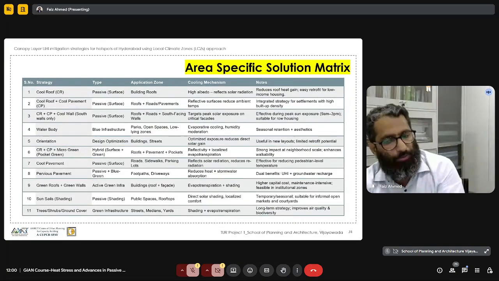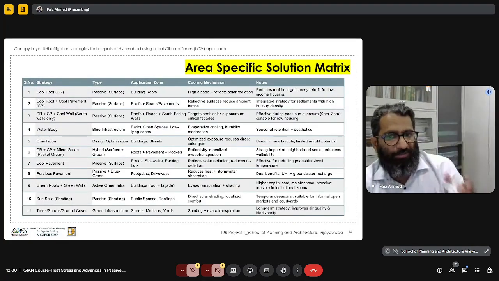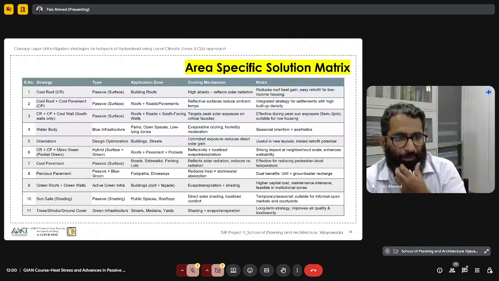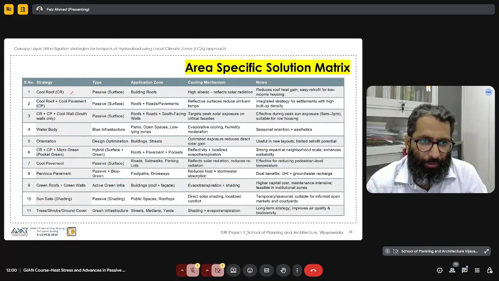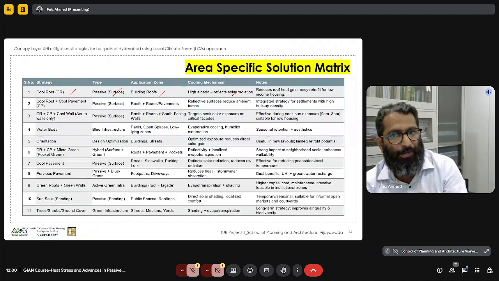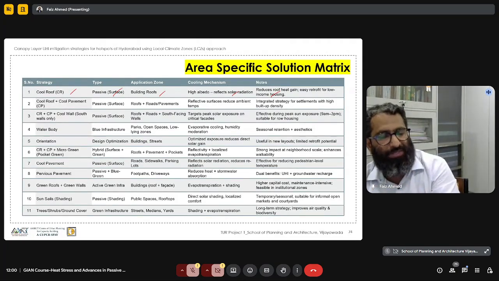How we are presenting it to the municipality, because we are closely working with the local government to implement this in the city. So, for example, let's say a cool roof. It can be a passive strategy: how it is applied and what impact it is going to create, and by what means.